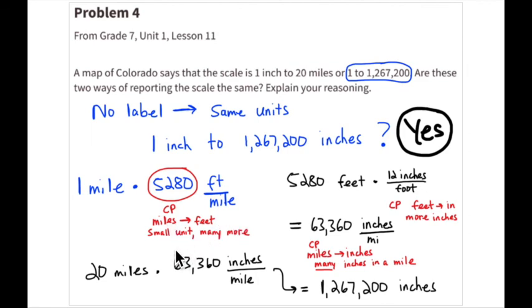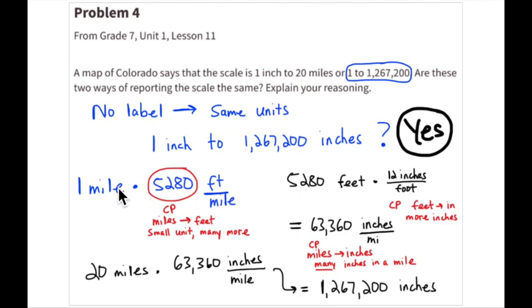So you're going to need a whole lot of feet to equal 1 mile. So you can use that. 5,280 feet now is the 1 mile. And how many inches are in 1 foot? There are 12 inches in a foot.